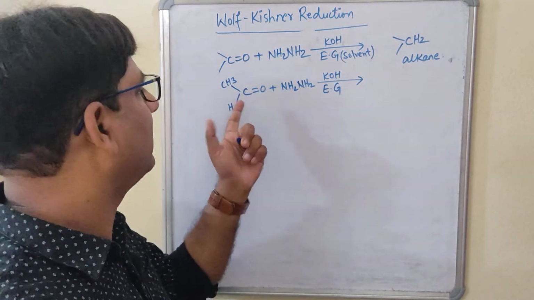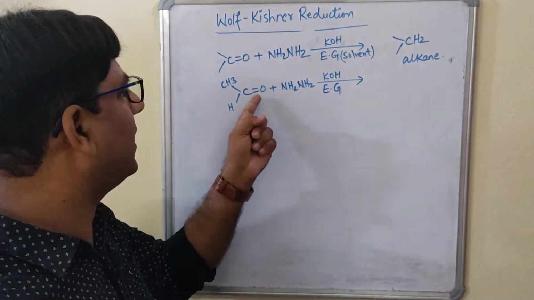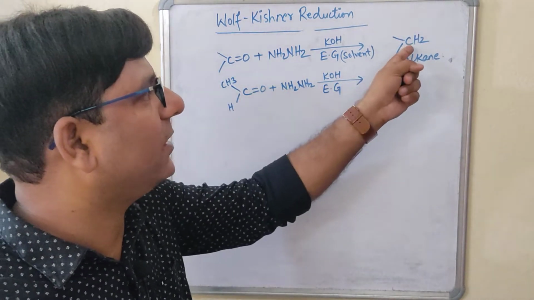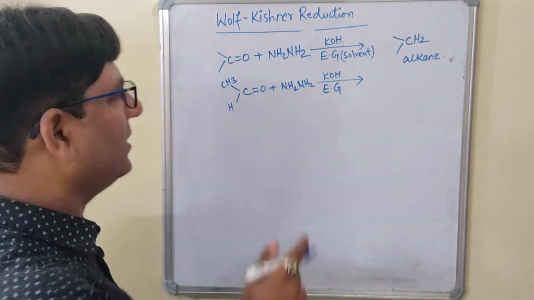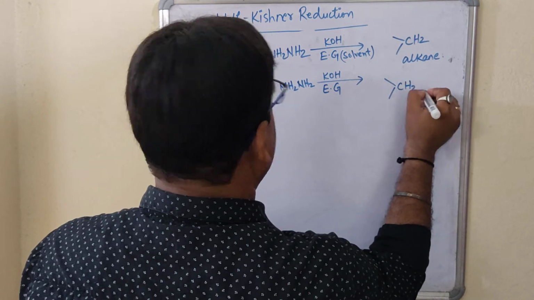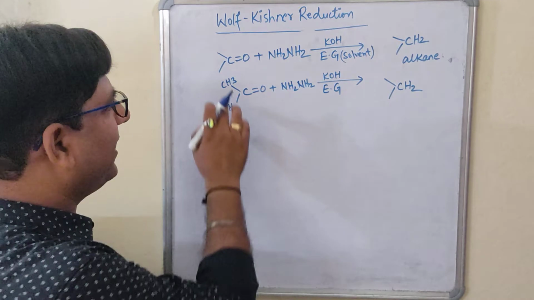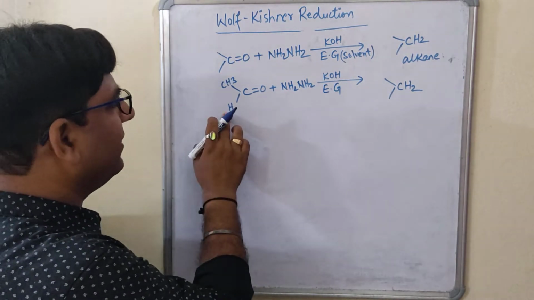Very easy method. Because in both the Clemmensen and the Wolff-Kishner reduction, this carbonyl functional group is getting converted into the methylene group. That's it. So simply you write here CH2, and accordingly, whatever the aldehyde or the ketone you are selecting. Here I have taken the aldehyde because here it is hydrogen.